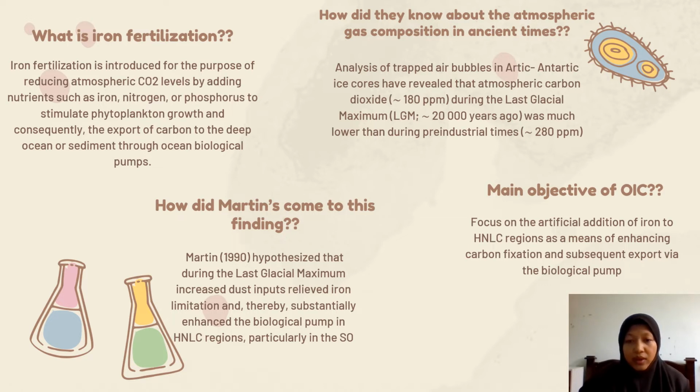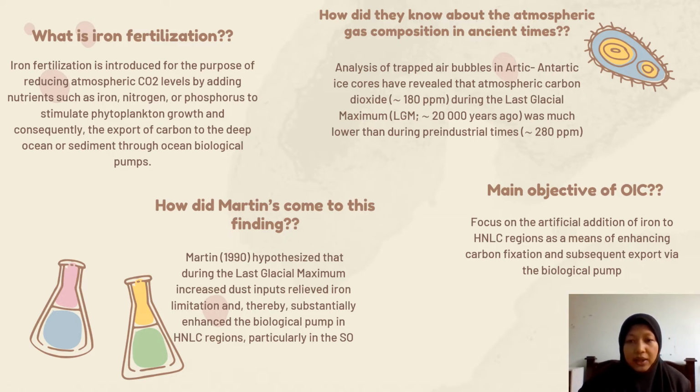To find out about the atmospheric gas composition in ancient times, various analyses have been performed, including analysis of trapped air bubbles in Arctic-Antarctic ice cores, which revealed that atmospheric carbon dioxide was 180 ppm during the last glacial maximum, about 20,000 years ago, much lower than during pre-industrial times, which was 280 ppm.